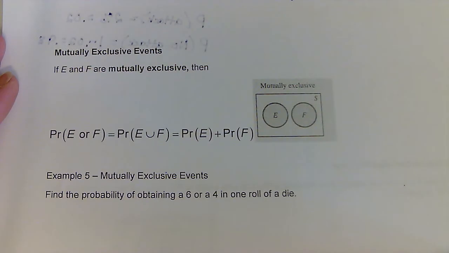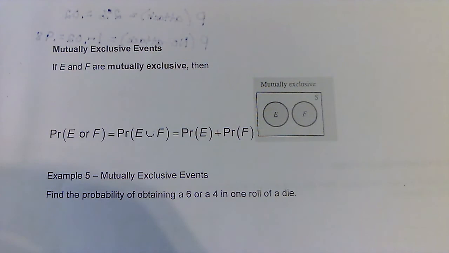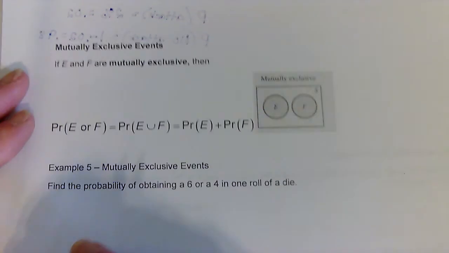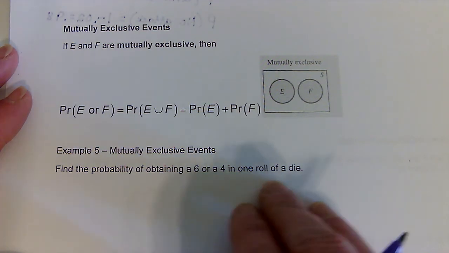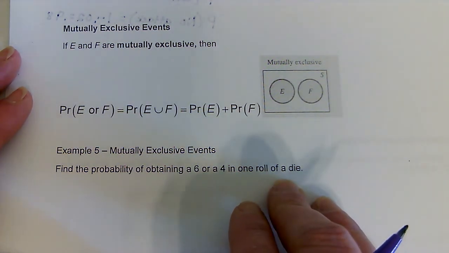All right. Now, sometimes we have what are called mutually exclusive events, where it couldn't be both. Then we don't have to worry about the overlap. Like, find the probability of obtaining a 6 or a 4 in one roll of a die.